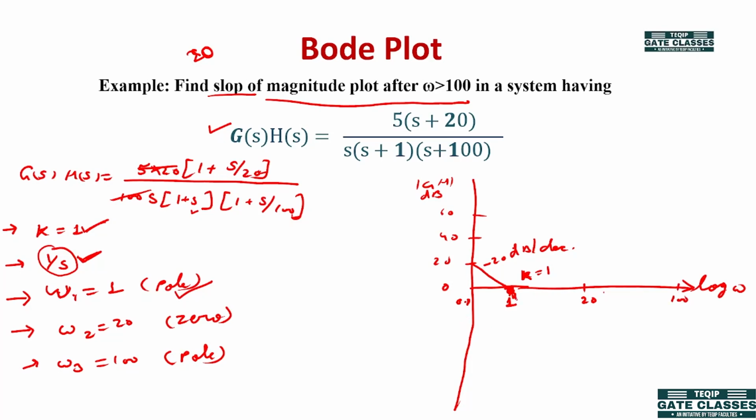So at 1 we have a pole, again we have a pole, and this slope will go to minus 40 dB per decade till the next cutoff frequency, that is 20.